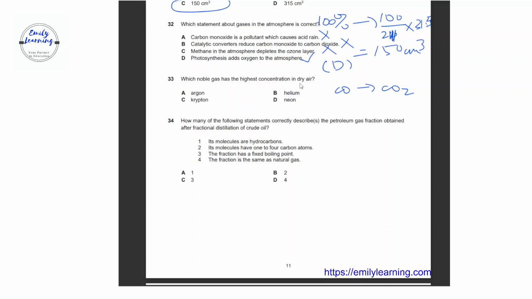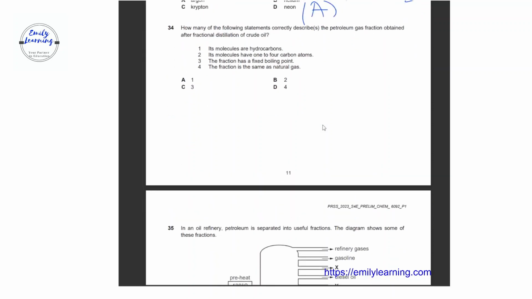Question 33. Which noble gas has the highest concentration in dry air? This is basically memory work. The highest one is basically argon. Next, how many of the following statements correctly describe the petroleum gas fraction obtained after fractional distillation of crude oil? Its molecules are hydrocarbons. Yes, this is correct.